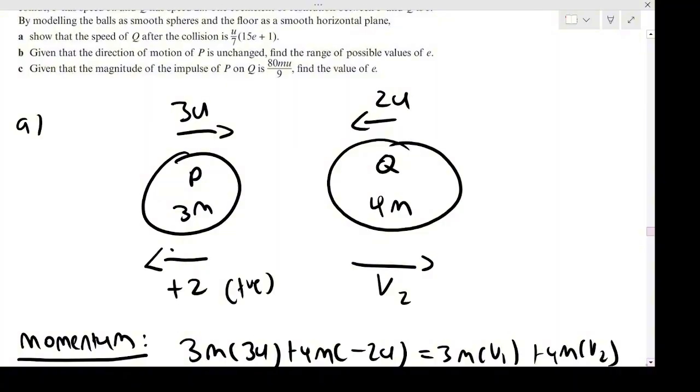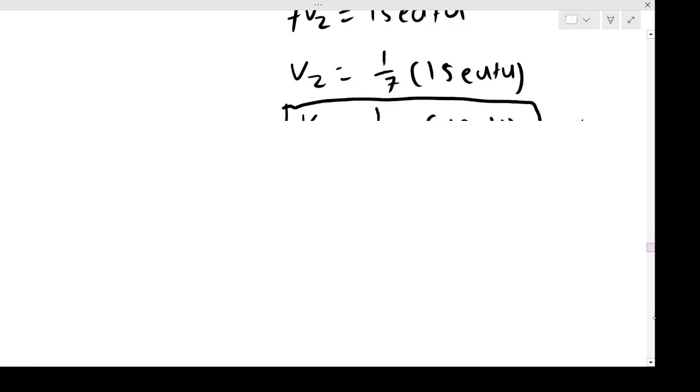But the question says no, don't reverse it, keep it in the same direction. So we have to make sure the answer is positive, which tells me I am indeed moving forward. Hopefully happy with that. So V2, again, I don't know what V2 is, but it has to be positive, because that tells me do not change the direction, do not flip it.